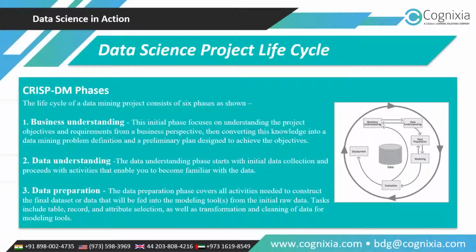Third comes data preparation, which is the typical data engineering phase of a data science project. When you know what the business is looking for and what input is available in the form of data, you select that raw data and input information, combine them, merge them, and aggregate all this information.